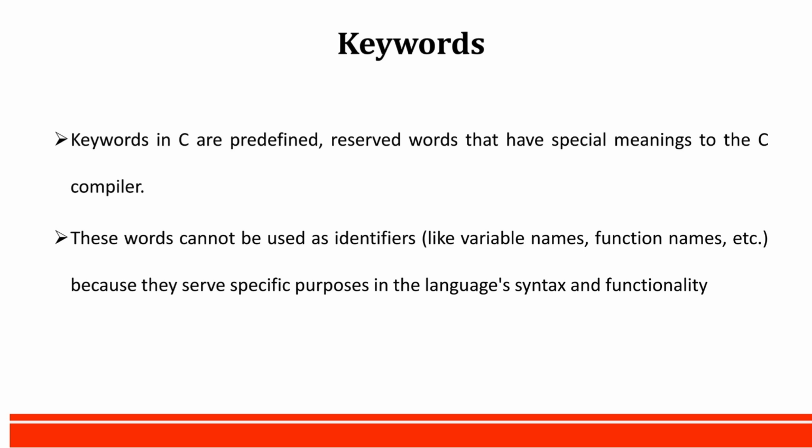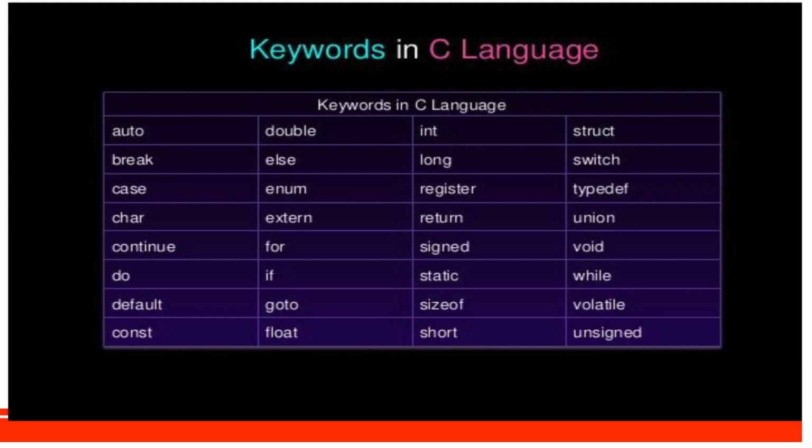The C language defines 32 keywords, which are categorized into 4 types.